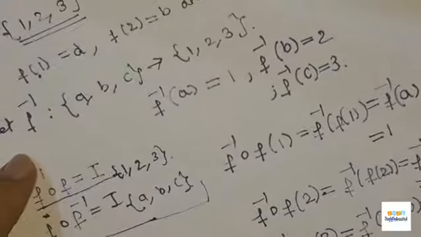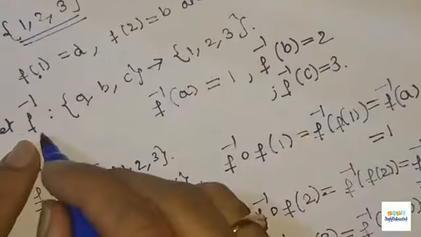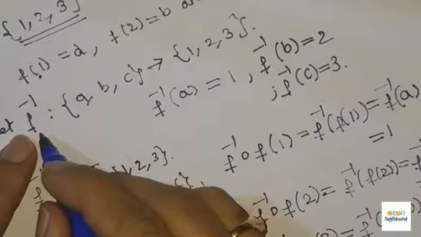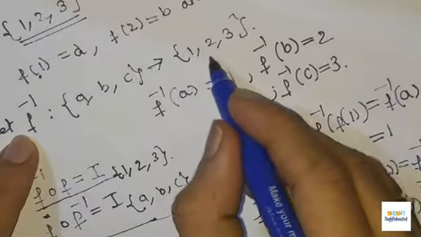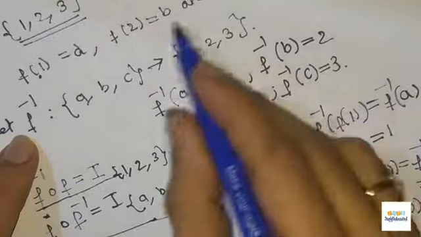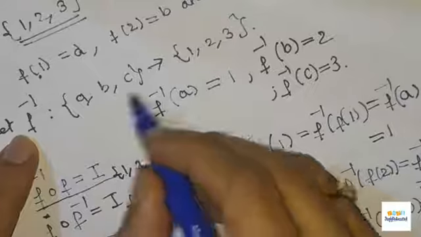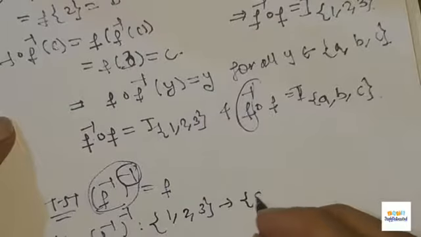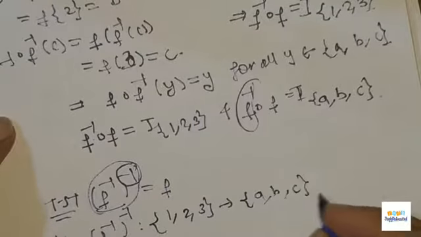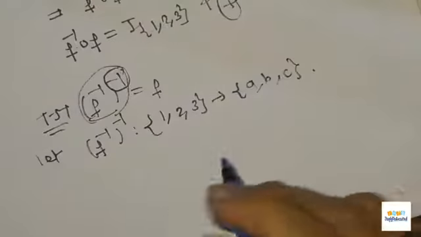So the inverse of this function should be from where to where? It should be from the range of F inverse, that is 1, 2, 3, to the domain of F inverse, that is A, B, C. So we have to define this function from 1, 2, 3 to the set A, B, C.